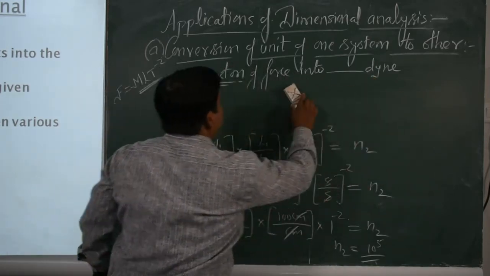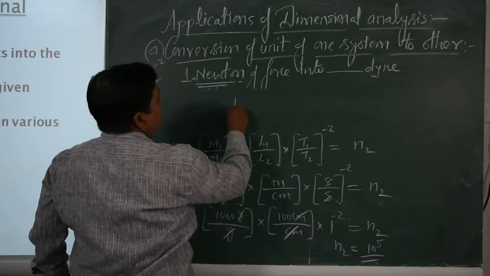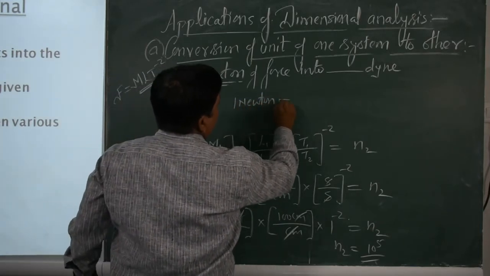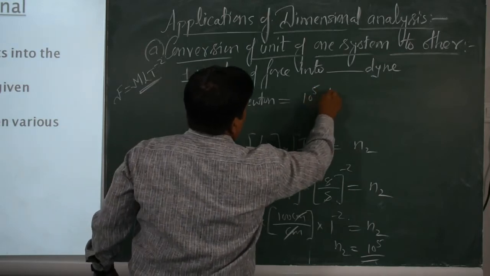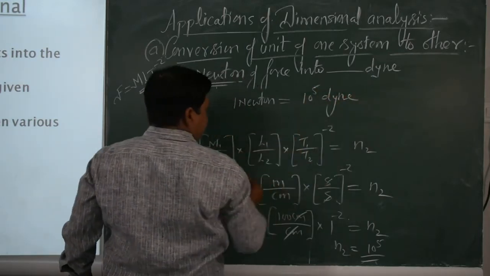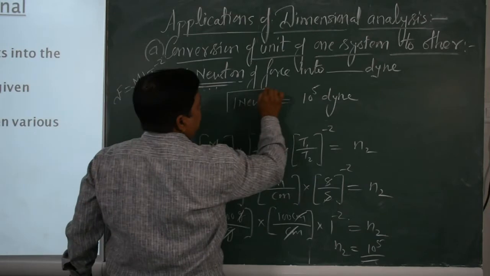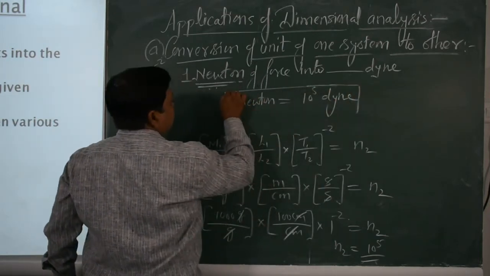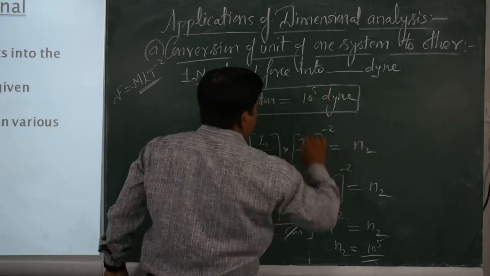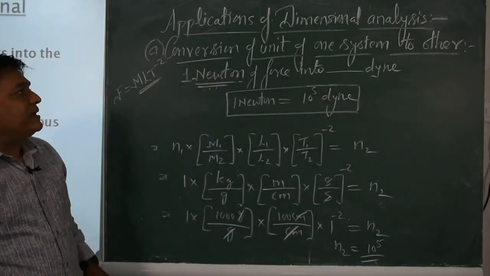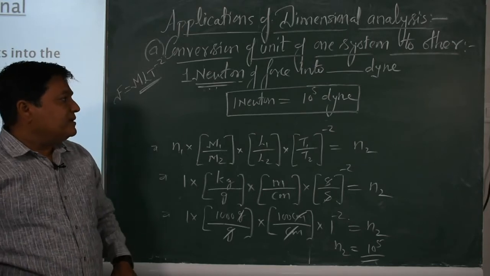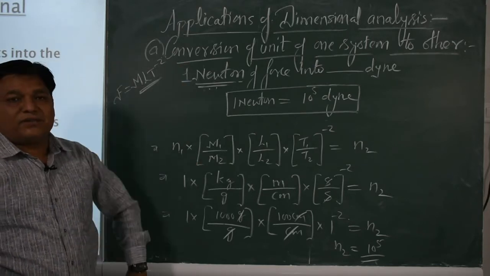In this way we can write 1 Newton is equal to 10 to the power 5 dyne. Okay, in this way we can convert the unit of one system into another. So this is the first application of dimensional analysis.